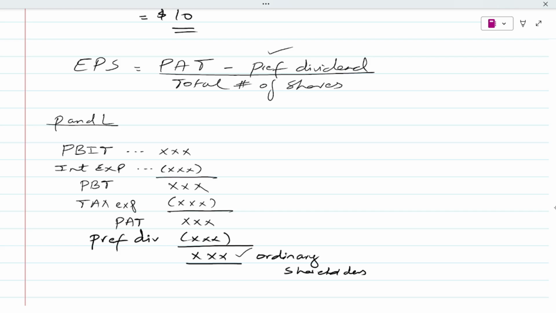Now one thing I do want to add while explaining EPS is that you see how we are using the profits to calculate our earning per share. This is one of the biggest limitations of earning per share, that it uses profits. As you have studied before in the previous paper, the problem with profits is that they are subject to manipulation, because they are calculated after subtracting the depreciation, amortization, and so on.